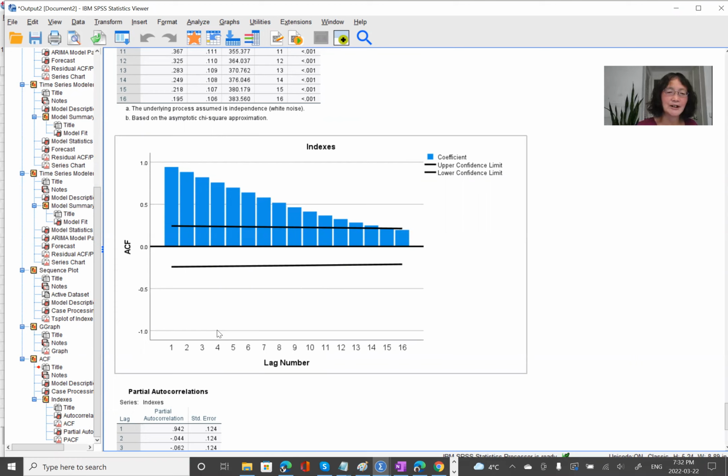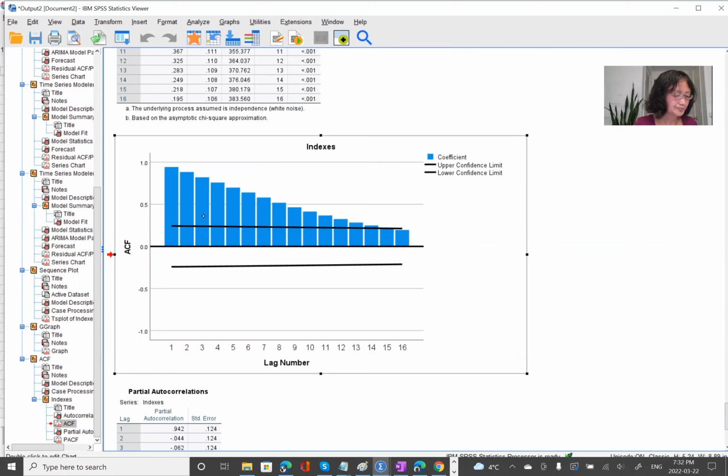Obviously, it has significant autocorrelation, like lag 1 correlated to lag 2, etc. As long as the graph is above the limit, you see the blank line, those are the upper and lower confidence limits, you have these autocorrelation problems.